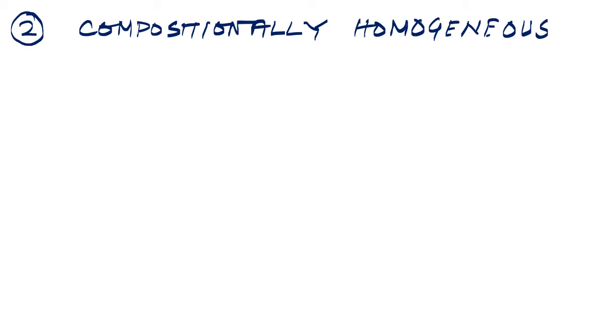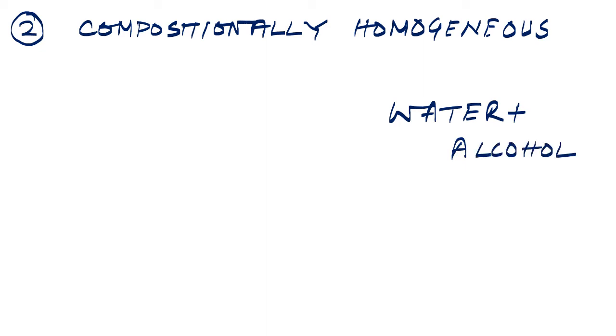In that case we can draw an analogy with a liquid solution. Suppose you have two liquids, for example water and alcohol, which are combined. A liquid solution is produced as the molecules intermix, and its composition is homogeneous throughout.